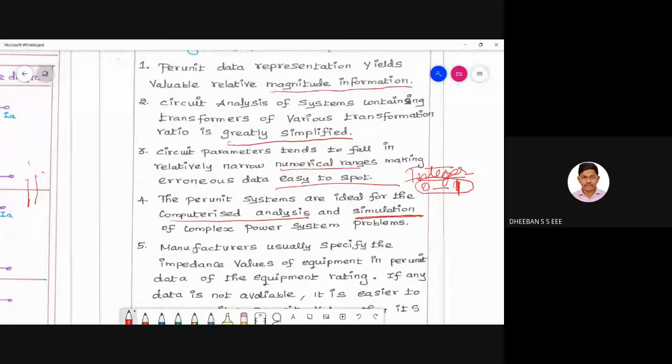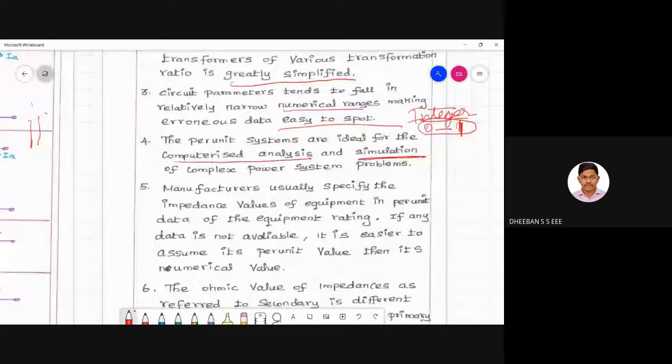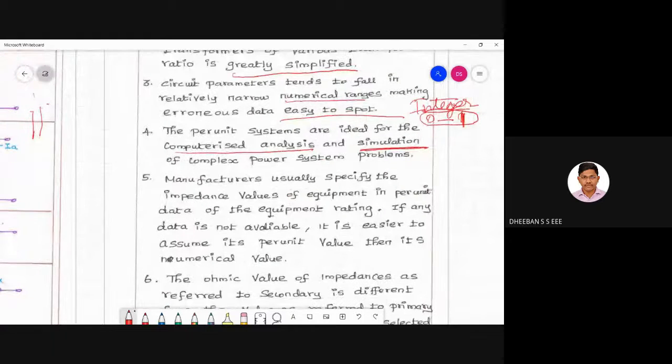Okay. So next, manufacturers usually specify the impedance values of the equipment in per unit, based on the equipment rating. So this one is with respect to the power system components. In most substations you can see the representation of electrical quantity in terms of per unit.